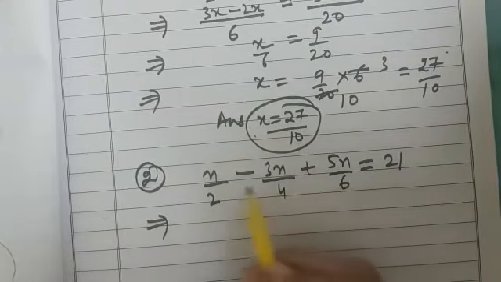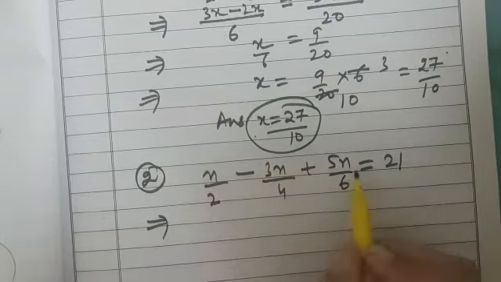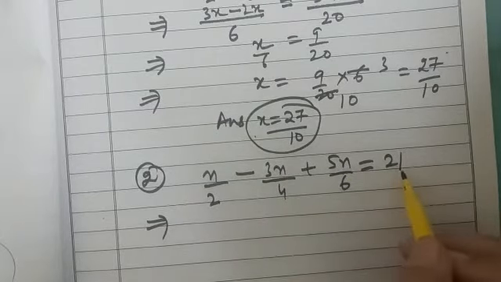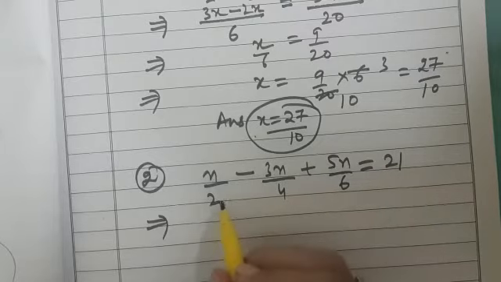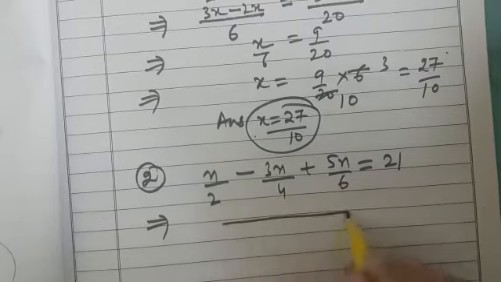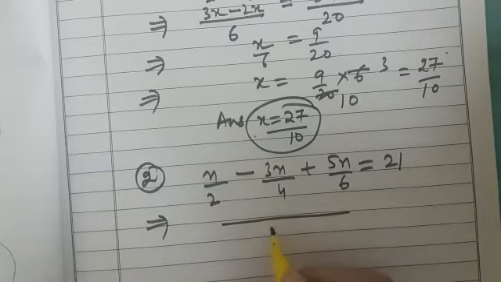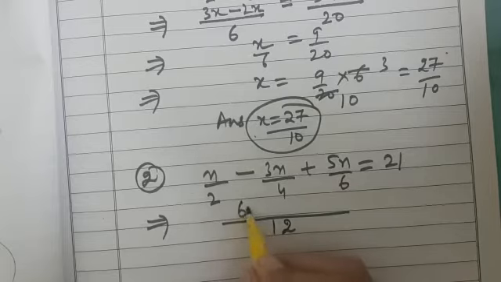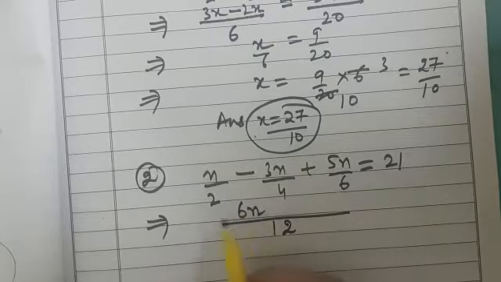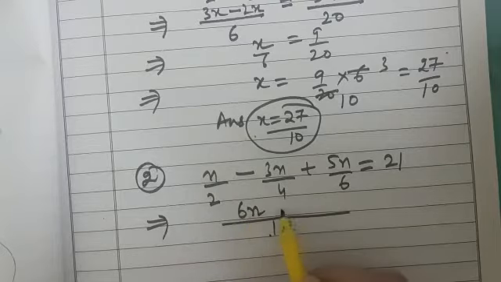We see that on the left hand side we have all the terms containing the variable n, and on the right hand side we have a constant term. What is the LCM of 2, 4 and 6? Yes, it is 12. So here in the numerator it will be 6n. 2 6s are 12. So 6 into n gives us 6n.